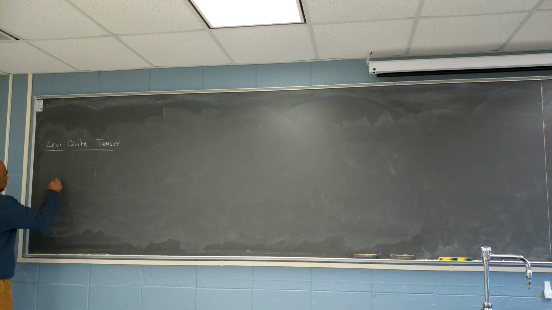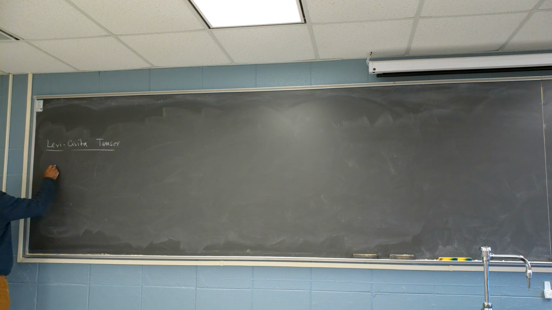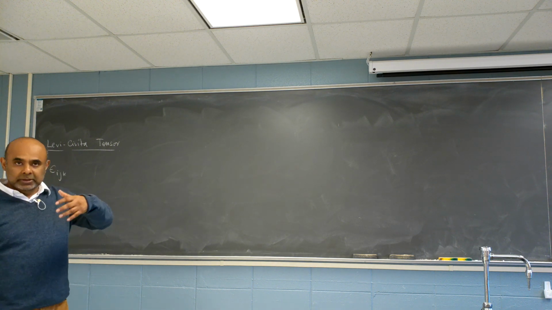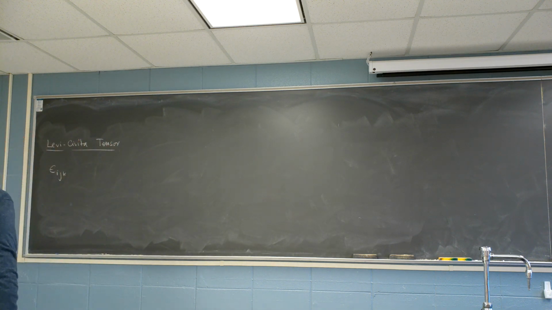So for us, we don't really worry about whether it's a tensor or not, or what a tensor is. It's an object. I use epsilon i, j, k. It has three indices in three-dimensional space. You can do this in any dimensional space, but this is completely anti-symmetric.